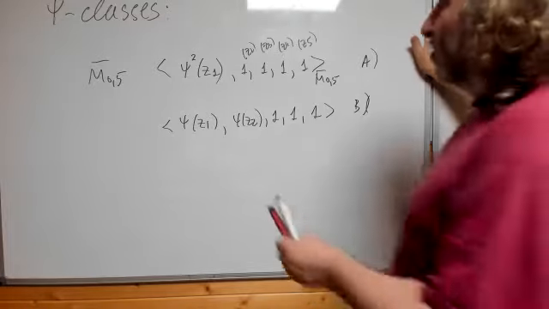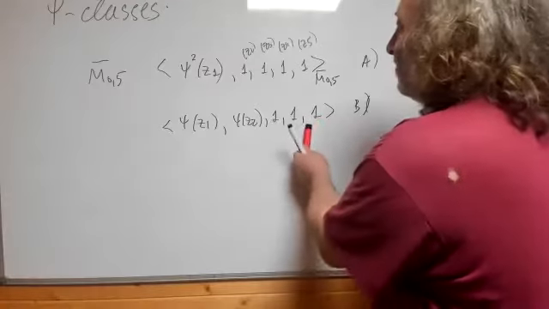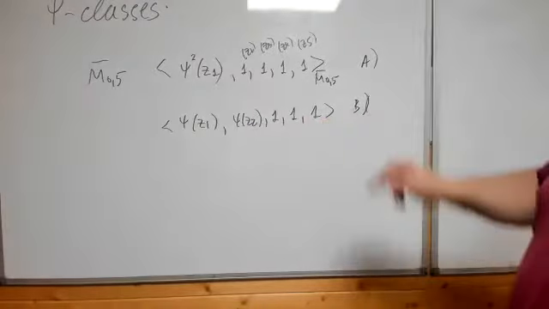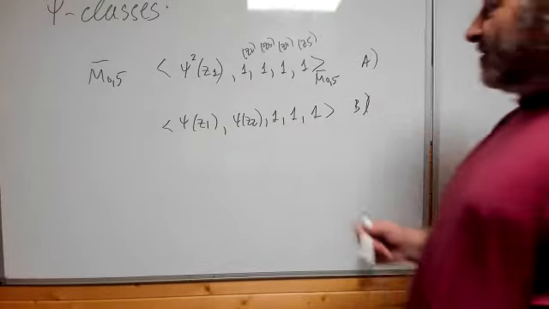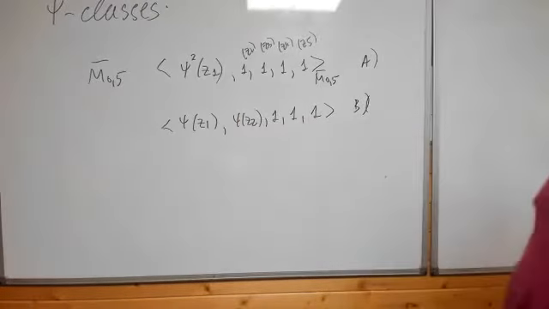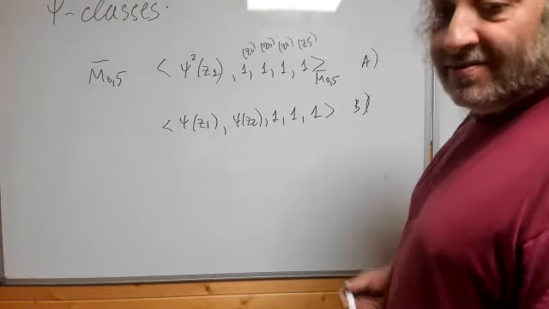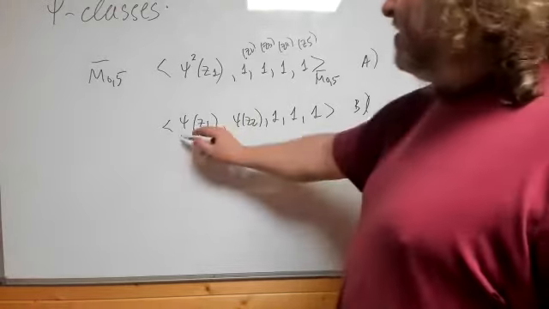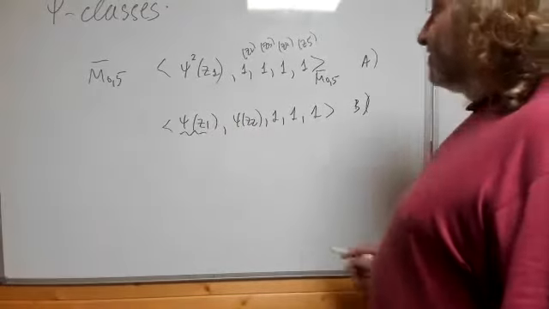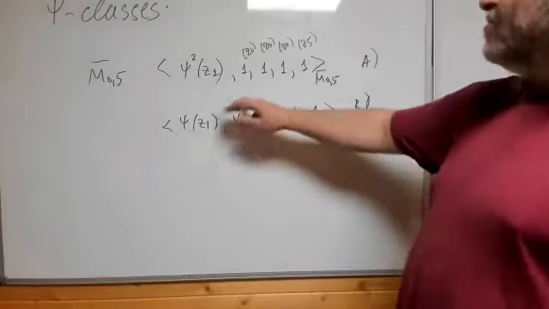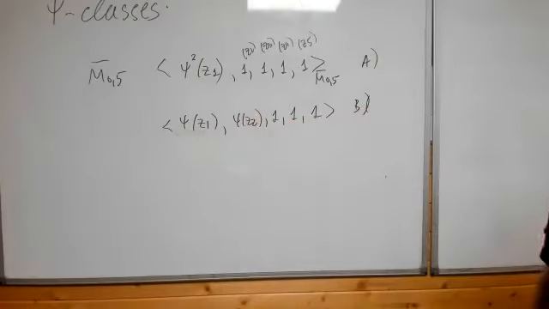So first of all, how can we compute case B? We need to pick up some section here, and we already computed things with psi of Z2.